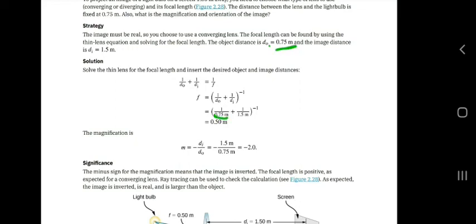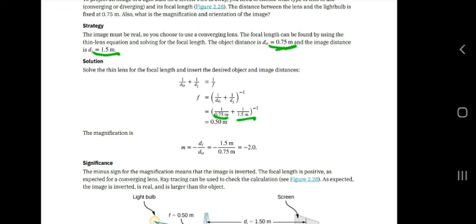Then the image distance is 1.5 meter, raised to the negative 1 power. Then simplify: 1 over 0.75 meter plus 1 over 1.5 meter, all raised to the negative 1 power, is equal to 0.50 meter.